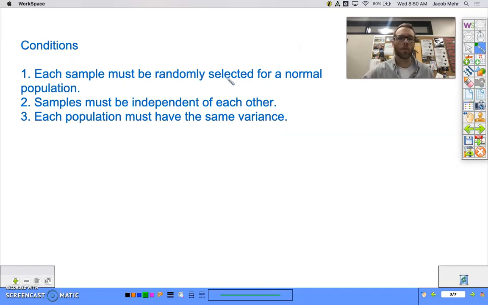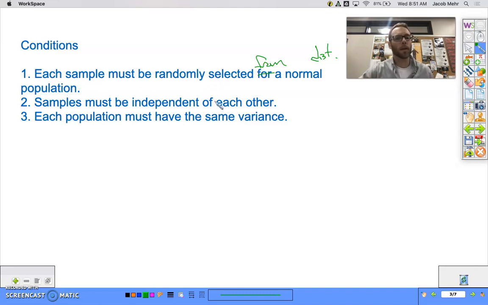All right, so here are our conditions. Each sample must be randomly selected from a normally distributed population. Remember, we're going to have multiple samples, 3 or more of them. Each sample must be randomly selected from a population that is normally distributed.